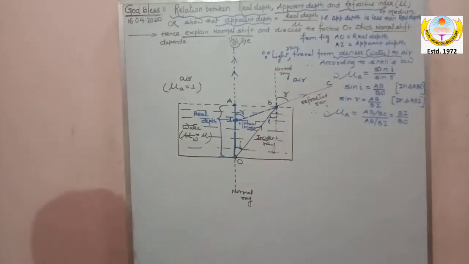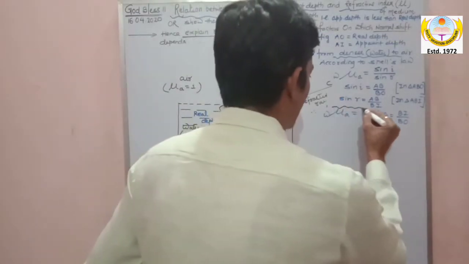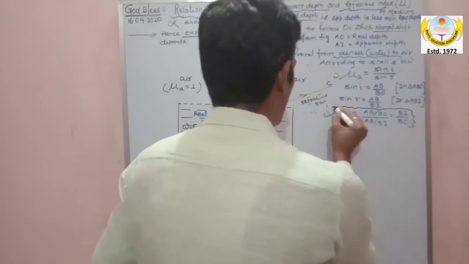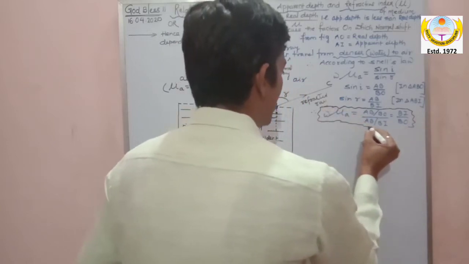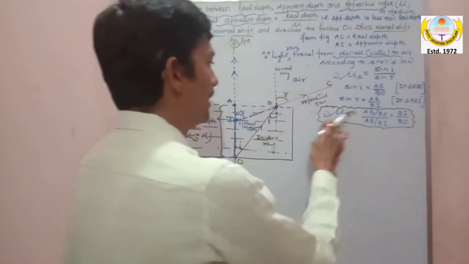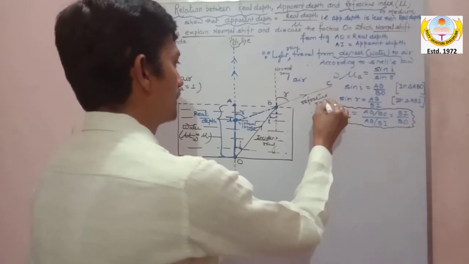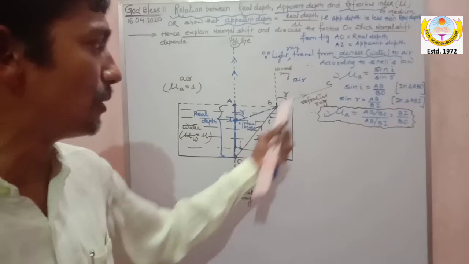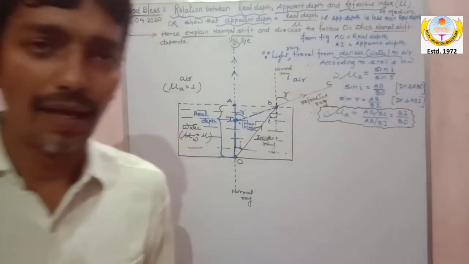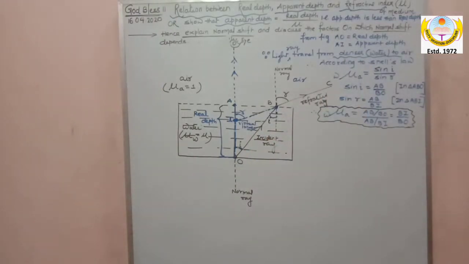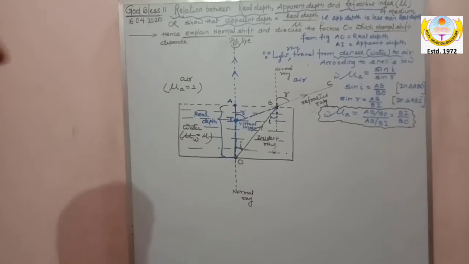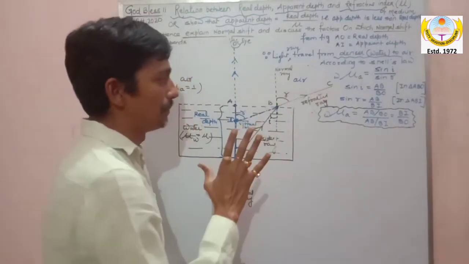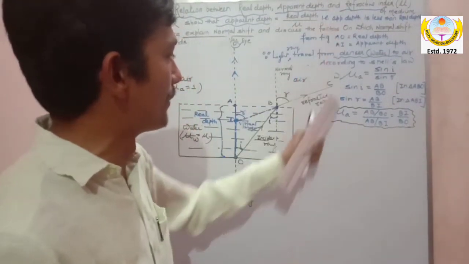I am confirmed that I got the answer: this is BI upon BO. That is the refractive index of air with respect to water, because the light is going from water to air, so I should write it this way. I hope everybody is clear till here. So this part is cleared from my side, and I hope you also are clear with the concepts.